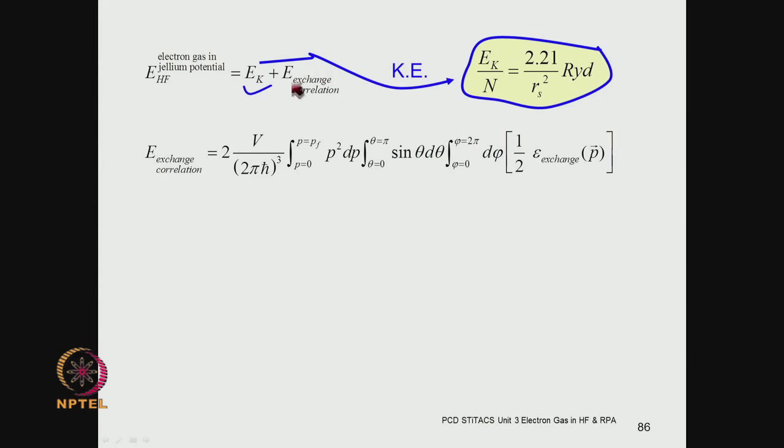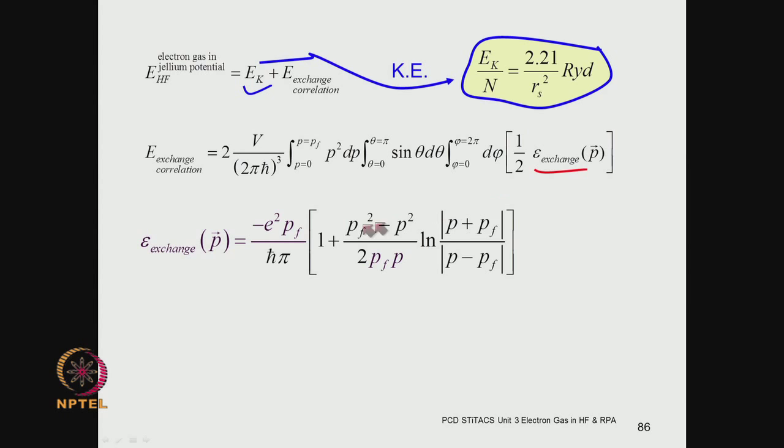So, first of all, we have to make a correction for the exchange correlation term, and we already knew that the Hartree-Fock energy is the sum of the kinetic energy part and the exchange correlation part, and we know that the exchange correlation is given by this term. We have this result from our previous analysis.